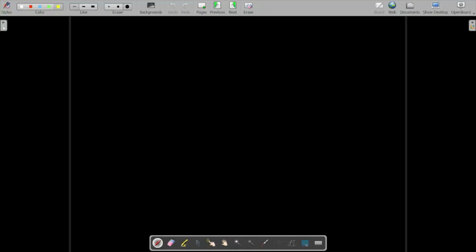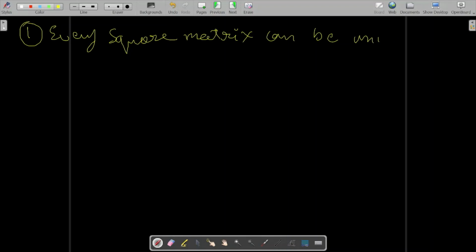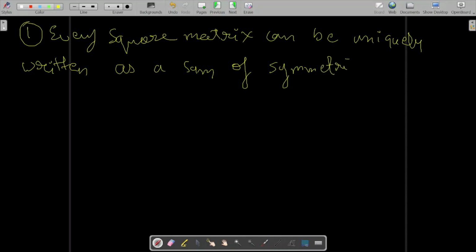So let's move on. Property number 1: every square matrix can be uniquely written as a sum of symmetric and skew symmetric matrices.